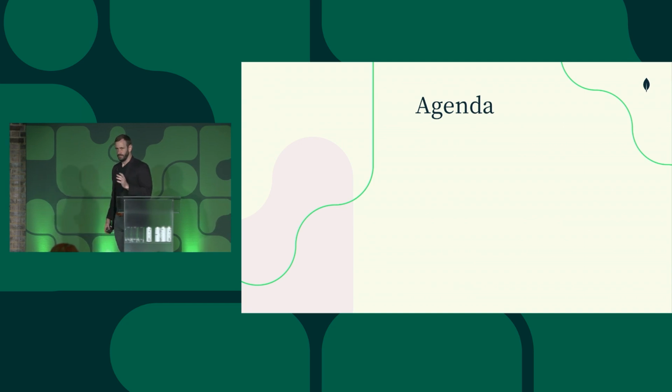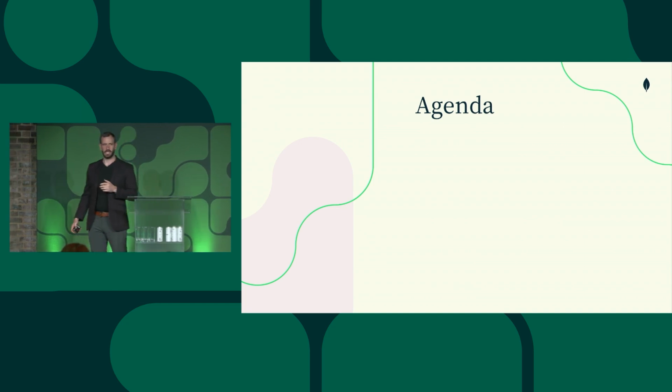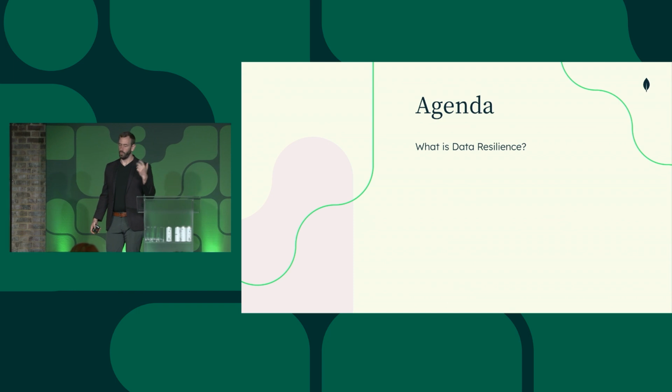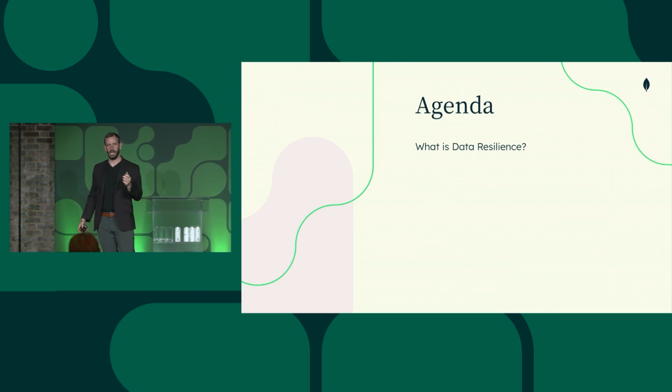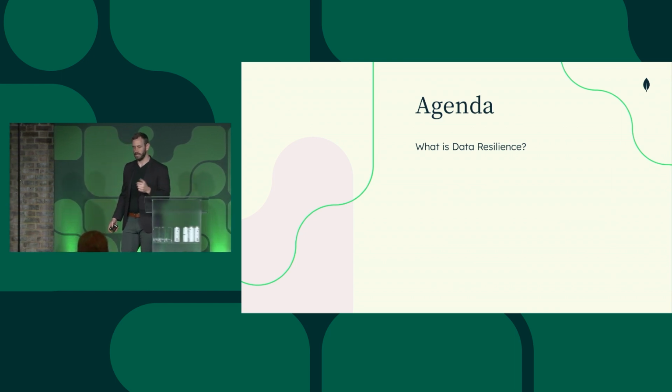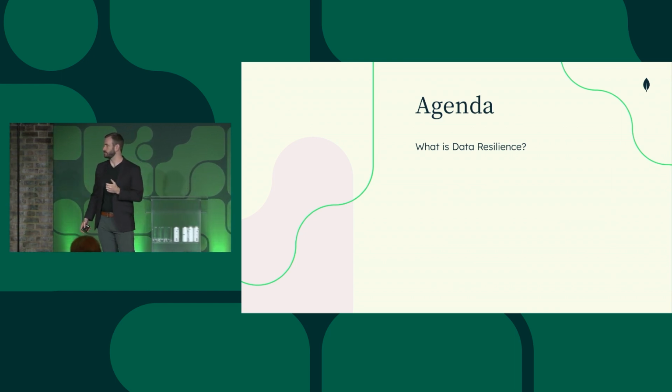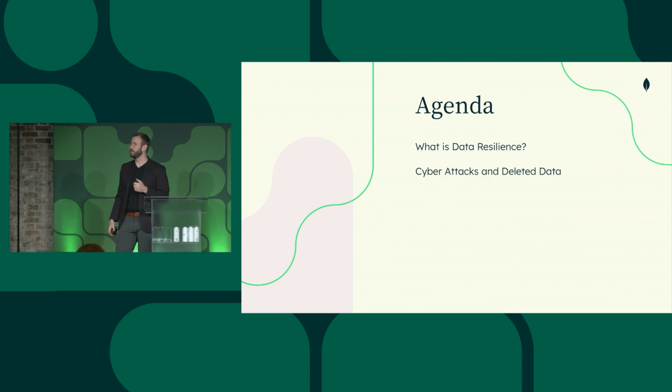So let's start with a little bit of an agenda. Today we're going to be focusing on what is data resilience. So we'll start off giving an overview for everybody of a general consensus of what is data resilience and what does it mean for your company as a strategy. Then we will look into cyber attacks and deleted data.